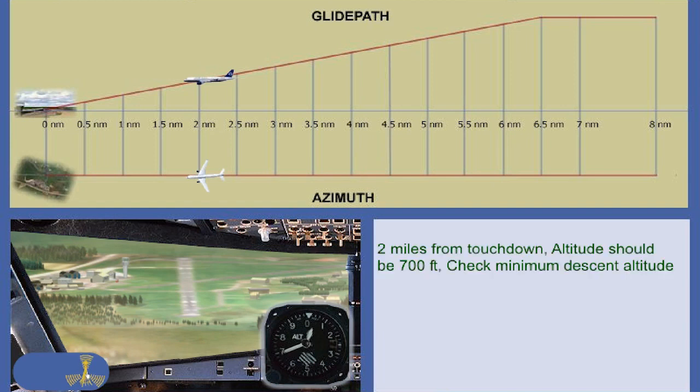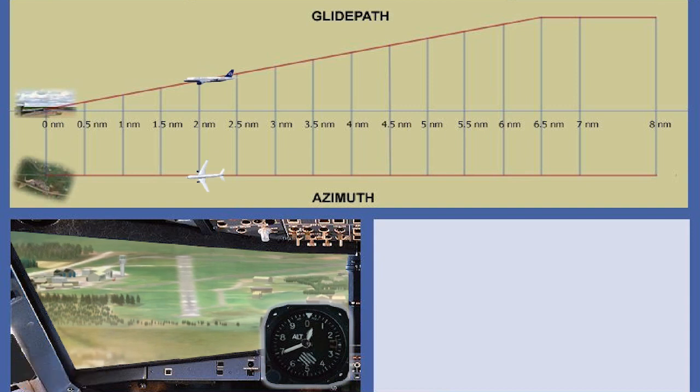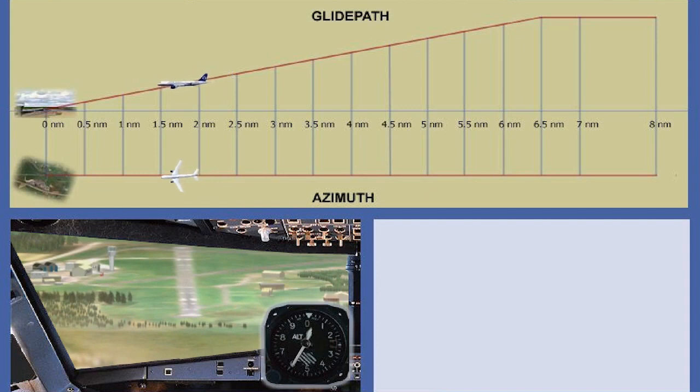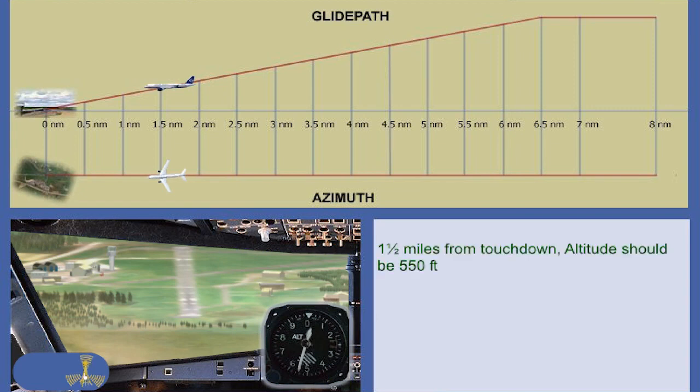Two miles from touchdown, altitude should be 700 feet. Check minimum descent altitude. One and a half miles from touchdown, altitude should be 550 feet.